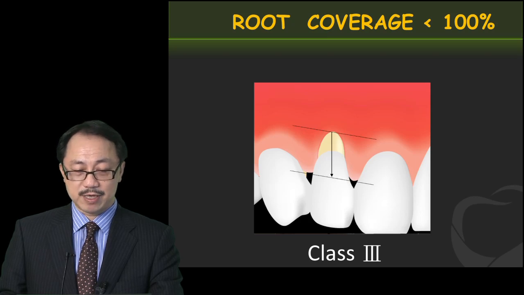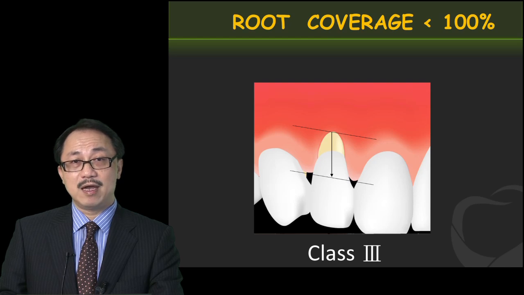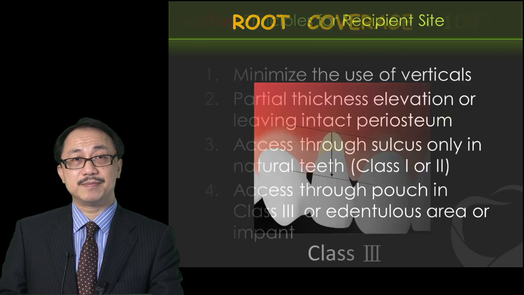Then we will calculate from the level of the adjacent papilla to the gingival margin, and expect at least half of the amount of the vertical height to be covered.